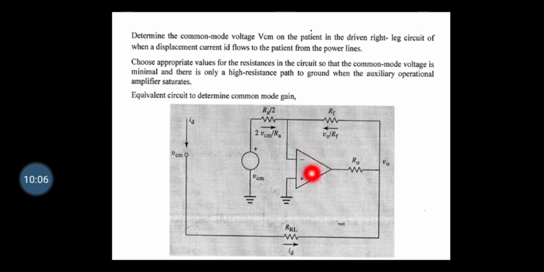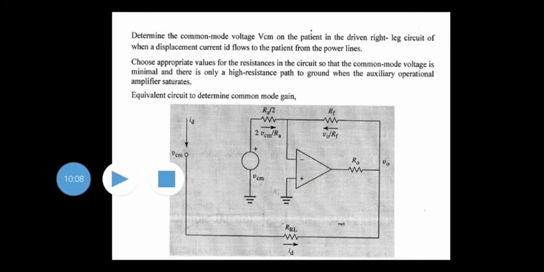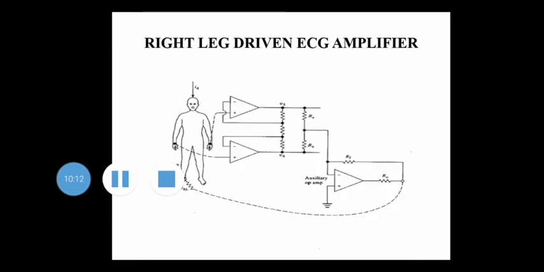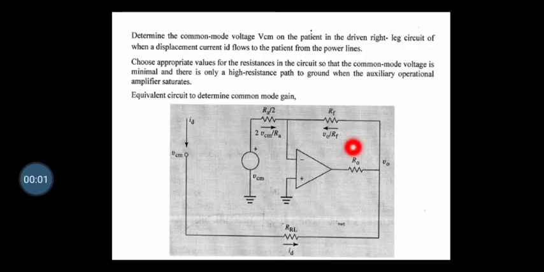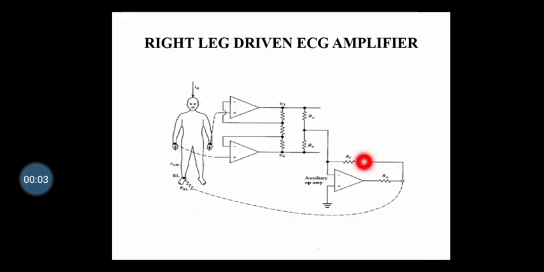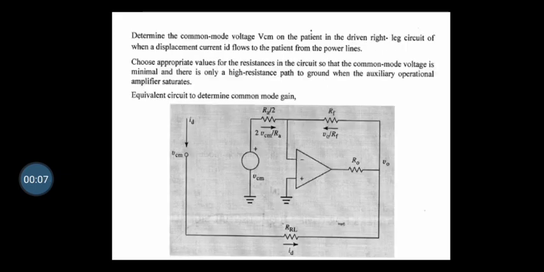Here is the right leg driven ECG amplifier. After analyzing these three amplifiers, the equivalent circuit may be drawn as shown in the figure.